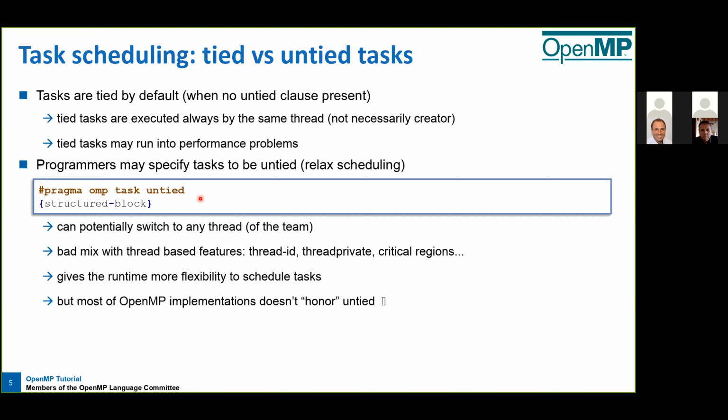If you want to enable the runtime to switch the threads that are responsible to execute a task, we can specify the task to be untied. Why is that not the default?